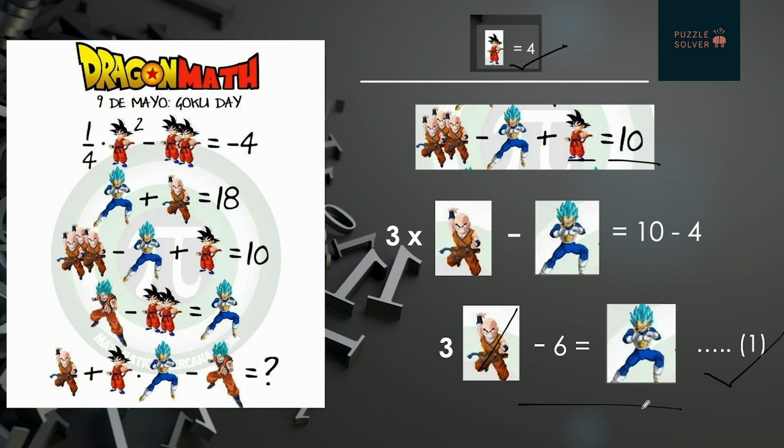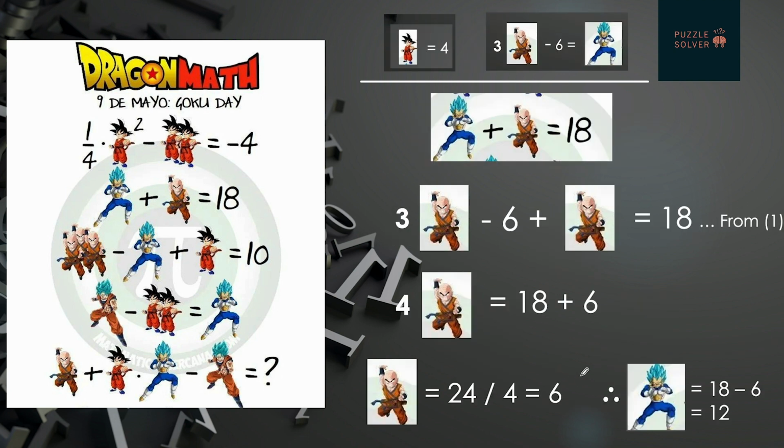Friends, now from this equation 1, we can conclude that wherever we find Vegeta, we will replace Vegeta with 3 Krillin minus 6. So solving our equation 2, we have Vegeta plus Krillin is equal to 18, and as I told, the value of Vegeta will be replaced by 3 Krillin minus 6.